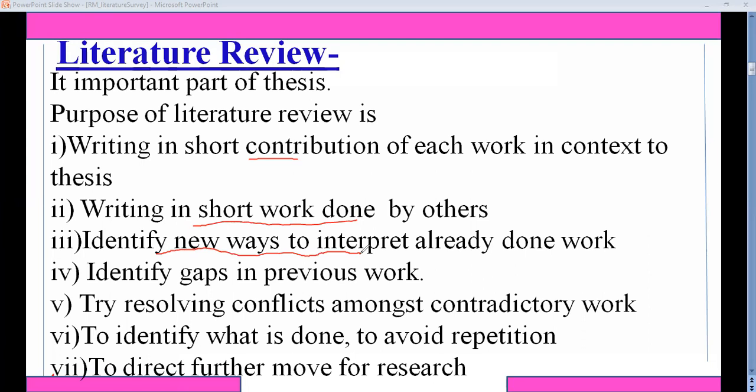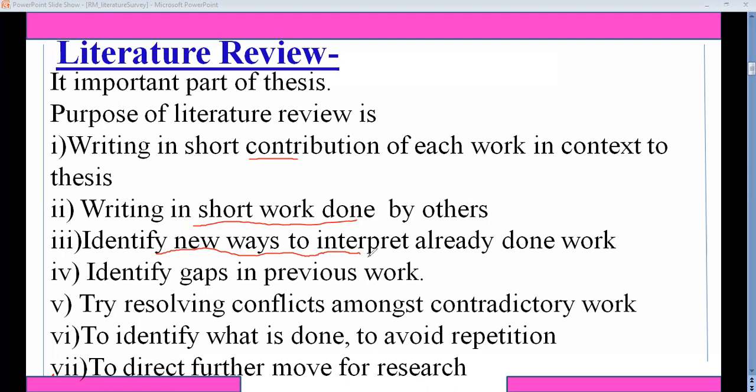We have to summarize their findings. Like if you write 8 to 10 reviews about the papers, we have to summarize and interpret what was their ultimate outcome.